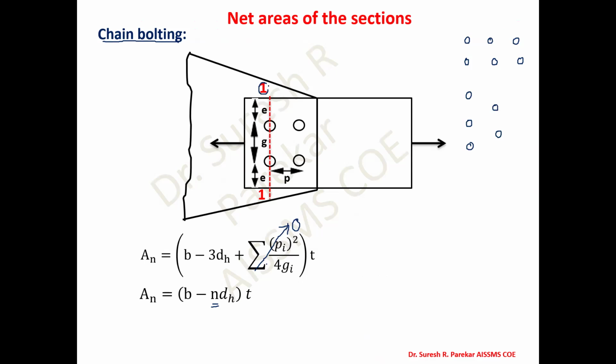Here we have considered section 1, so n will be the number of bolts along that critical section. We have 2 bolts along the critical section. You are not going to consider 4 bolts, only 2 along that critical section. So this will be the value of An in case of chain bolting.